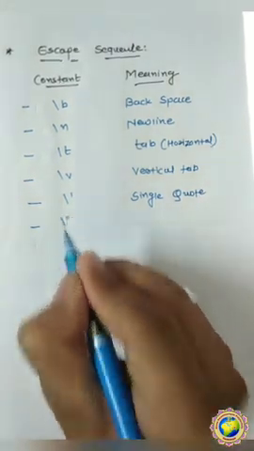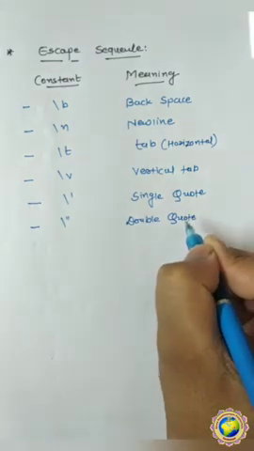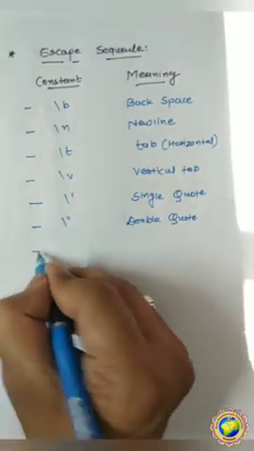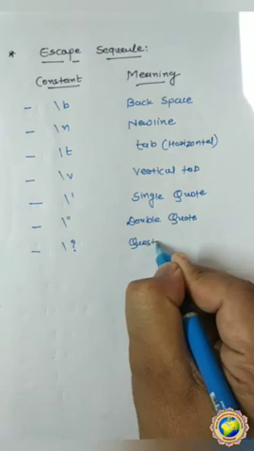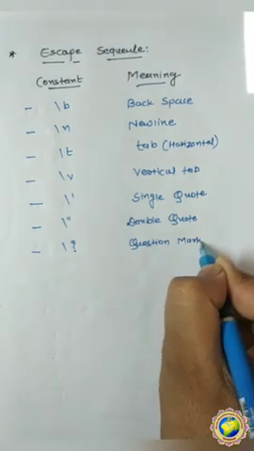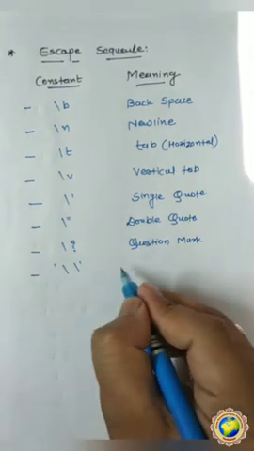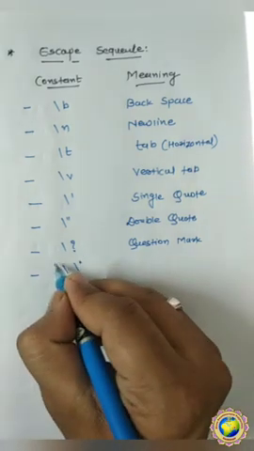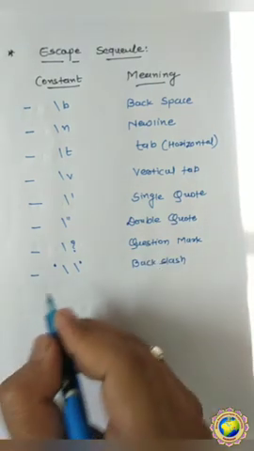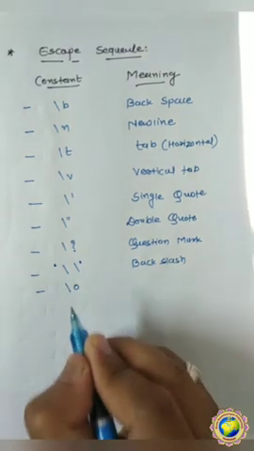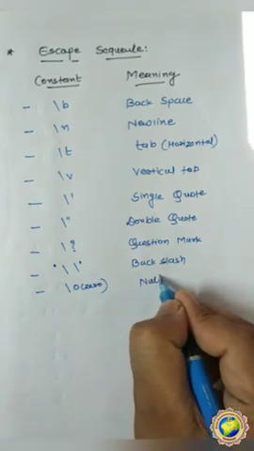Then \" is used for a double quote, and \? is used for a question mark, as well as \\ is used for a backslash, and \0, this is the zero, is used for a null.